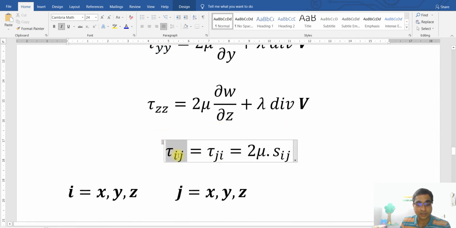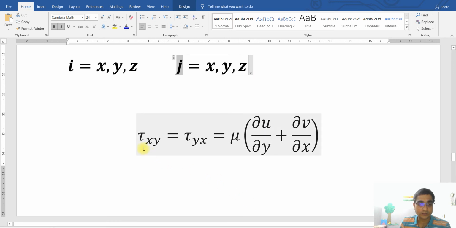For the shear stress, tau_ij is equal to tau_ji is equal to 2 times mu S_ij. I can vary over x, y and z, and j can also vary over x, y and z.